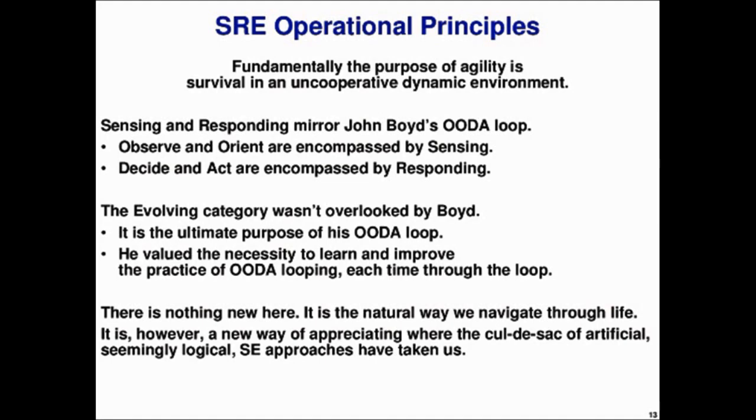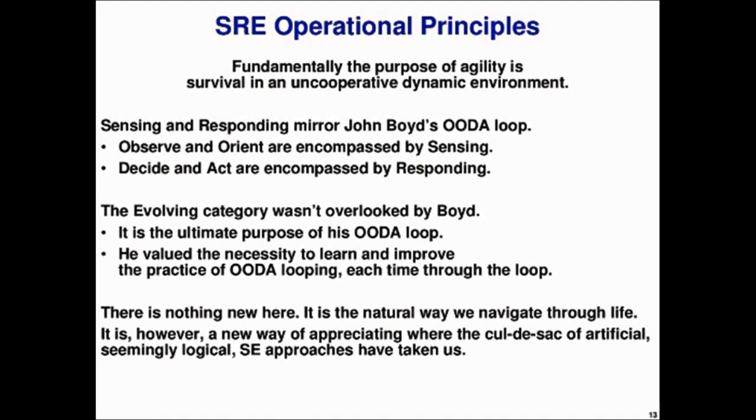He doesn't expect an OODA loop to be a repetitive sequence of 4 things that you do, and then you do those 4 things again, and then you do those 4 things again. He expects every time you go through the OODA loop, you actually learn something and evolve how you're going to go through the next cycle of that OODA loop. And he really doesn't talk about these as cycles. He expects them to happen simultaneously.